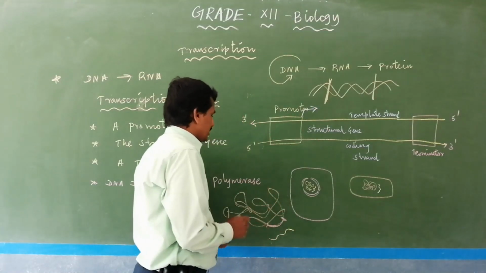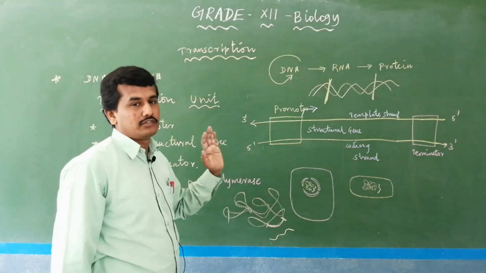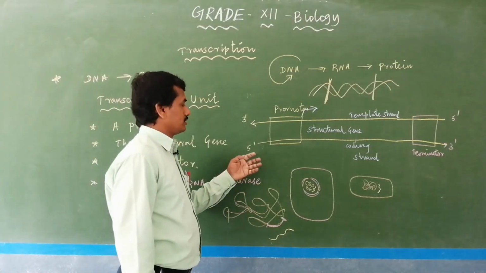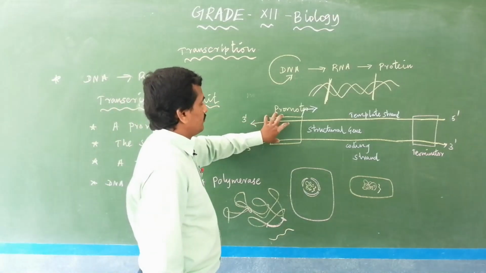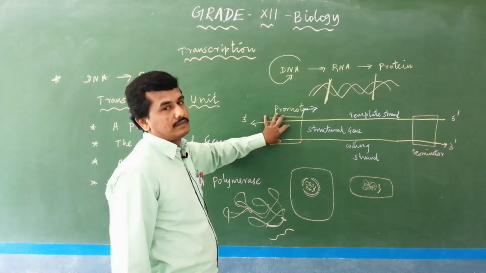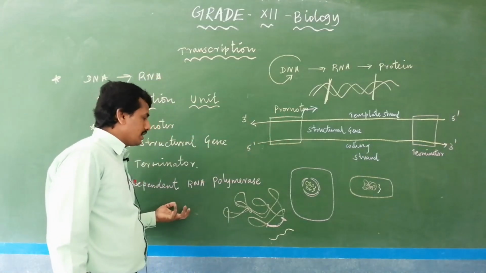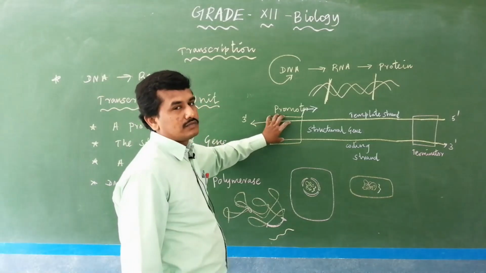Now see what happens during the transcription procedure. The DNA dependent RNA polymerase enzyme gets fixed into one particular part of the DNA segment.